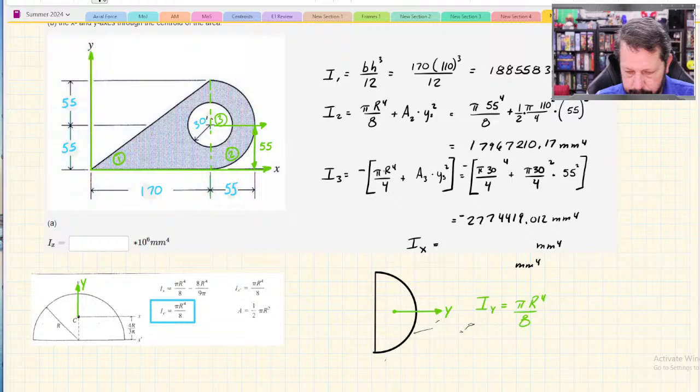That should be y is 30. Yeah, 55 squared times 30 squared times... I keep putting add instead of multiply on this thing, and it is not working.